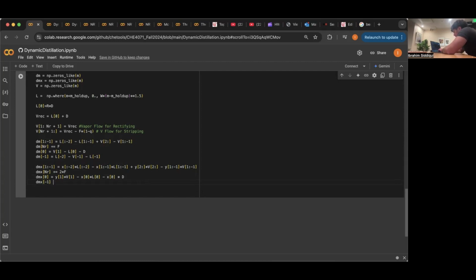So DMX at -1 is going to be equal to x at -2, and then this will be multiplied by our liquid at -2, minus y at -1 times our vapor at -1, minus x at -1 times our liquid at -1.